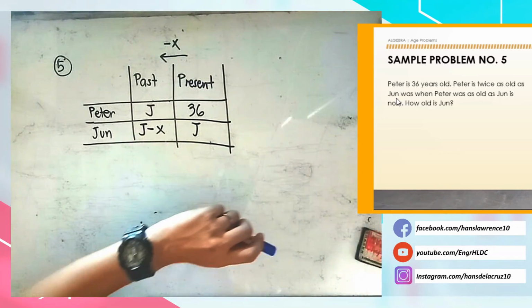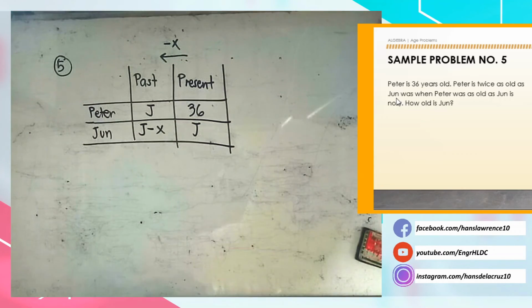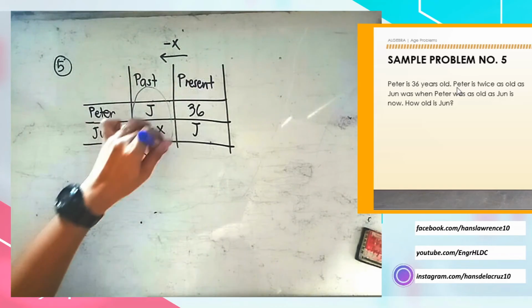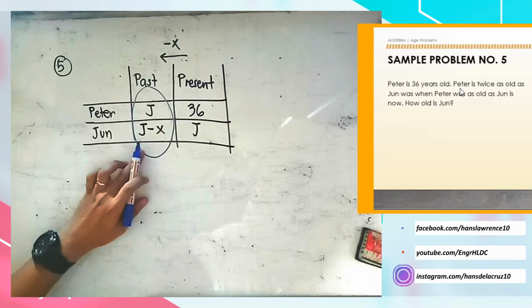Okay, ngayon once na makompleto na natin yung table, magpo-proceed na tayo ngayon dun sa interpretation ng sinabi ng first part ng second statement. So sabi, nung time daw na to, 'di ba, which is yung past, so bilugan ko to since ito yung considered time frame natin. So nung time daw na to, Peter is twice as old as June.